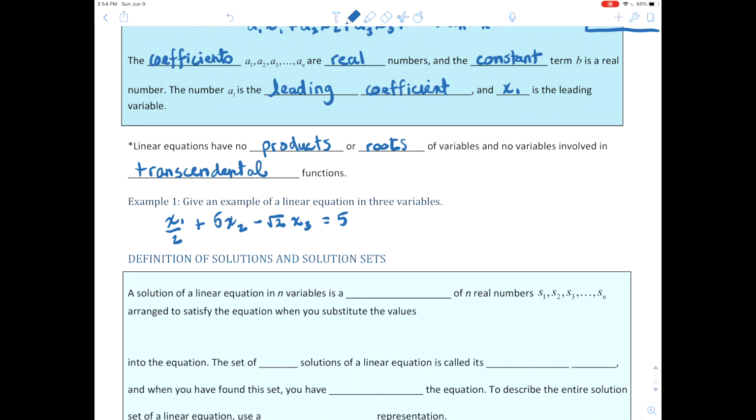I purposely did this one strangely so that you could scope it out and find the difference between roots of the coefficient versus the roots of the variable. So let's just identify my a1 is what? Awesome, 1/2. My a2 is +5. And then my a3 is -√2. Notice these are all real numbers.